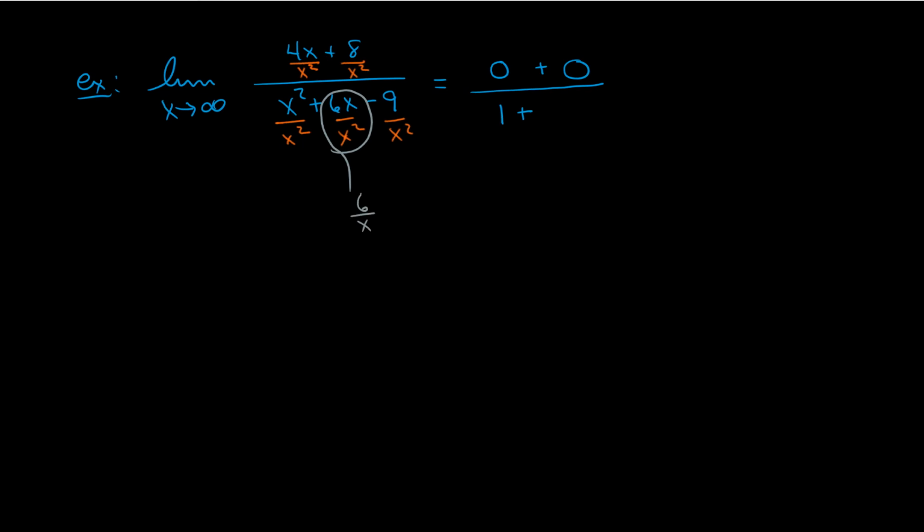We've got 6 divided by a really big number. That's going to go to 0. Minus, then the 9 over x squared, yeah, that's headed to 0. And it's perfectly fine for the numerator to go to 0. The denominator goes to 1. 0 over 1 is 0, and 0 is a perfectly fine number.